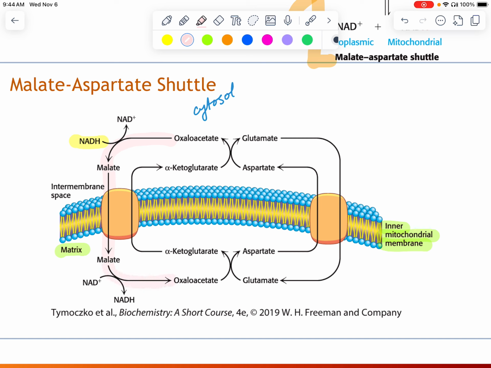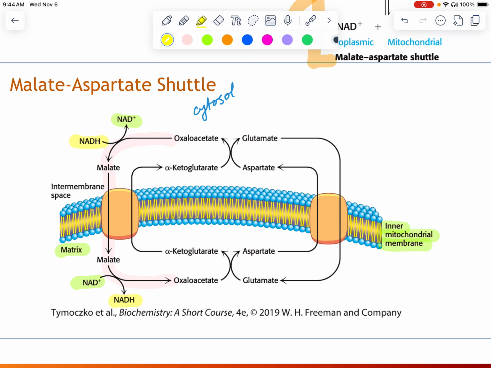So look what we've done. Up here at the top, we started with NADH, and we end up regenerating our NAD+. And at the bottom, we're taking some NAD+ that was already in the matrix, and we're generating NADH.